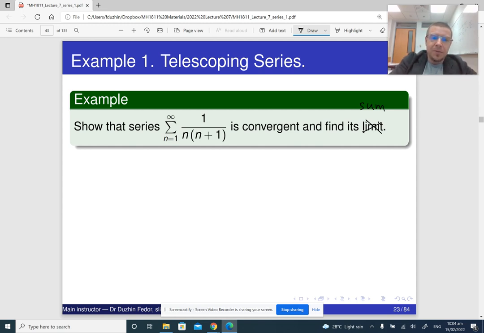Okay, so the first thing that we need is to figure out whether this is a telescoping series. And here there is one neat trick that is going to work. Basically, if your series is a rational function, then you need to apply partial fractions.